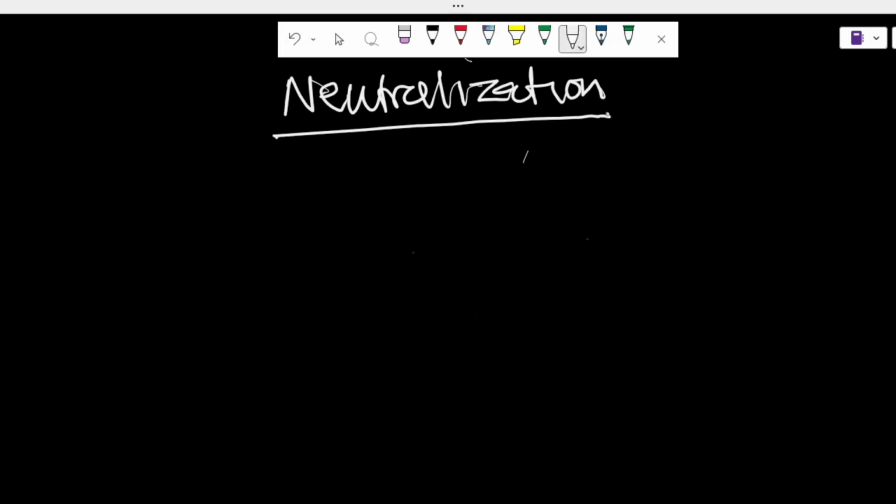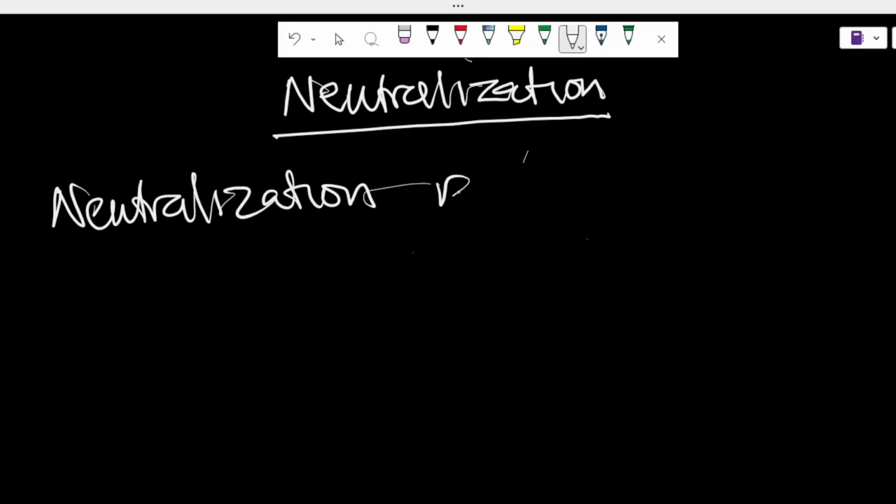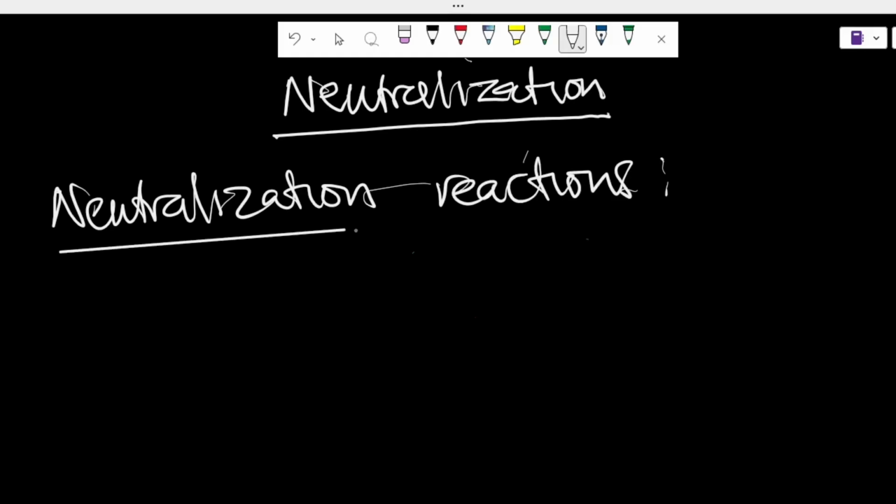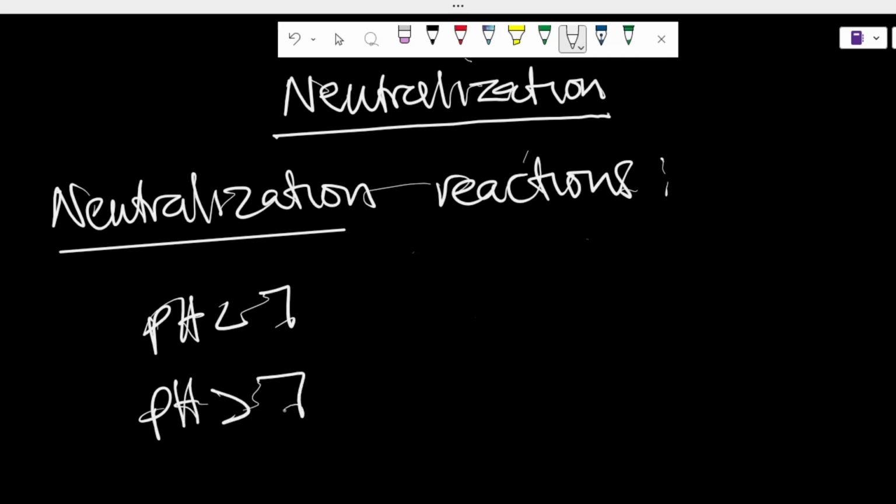The next thing we want to talk about is neutralization. When you are talking about neutralization reactions, you are trying to make something neutral. For example, you have acids whose pH is less than 7, and you have bases whose pH is greater than 7.